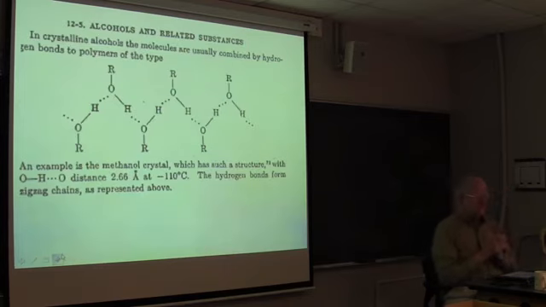This is the structure of crystalline alcohols. So methanol, ethanol, propanol. When they become a crystal, each OH group is aimed at an oxygen. And every hydrogen bond that can be made is made in crystalline alcohols.